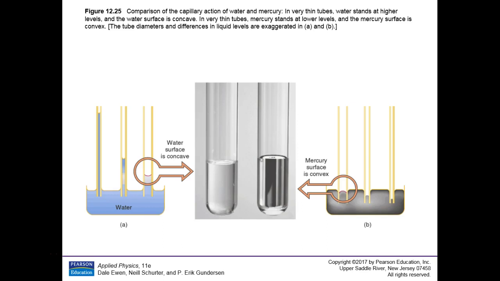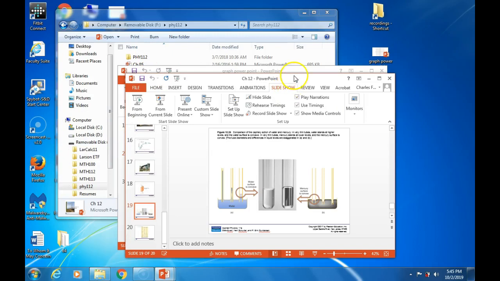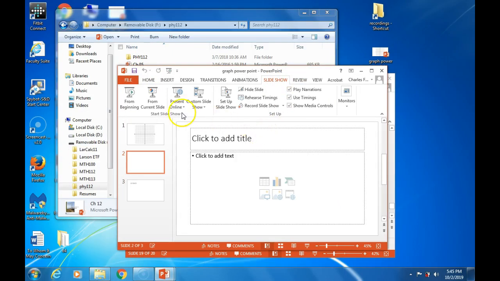Okay? Now this cohesion, I guess I'll write it down. And so let's go back to the other slide, because this is going to be tough to write on that one. There wasn't much room.